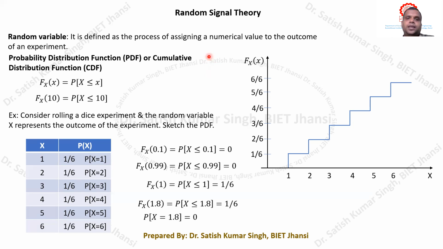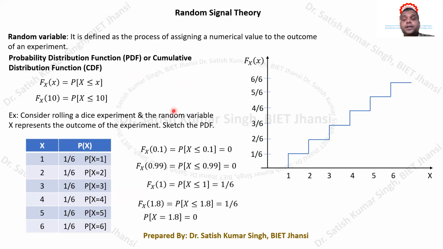So this random variable is the outcome of an experiment, and because it is random, we are not ascertaining it. Whenever any outcome is assigned to a particular variable, that variable is known as the random variable.